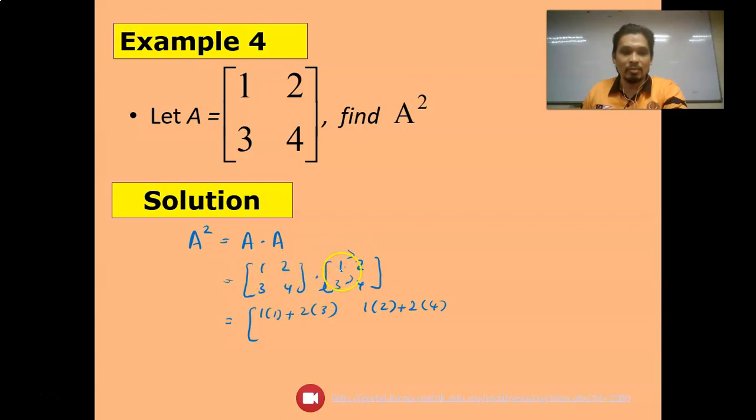Element in row 1 multiplied with element in column 1 here. And element in row 1 multiplied with every element in column 2. There you go. Now it's time for row number 2, 3 and 4.